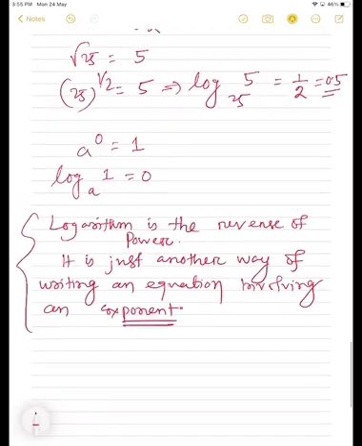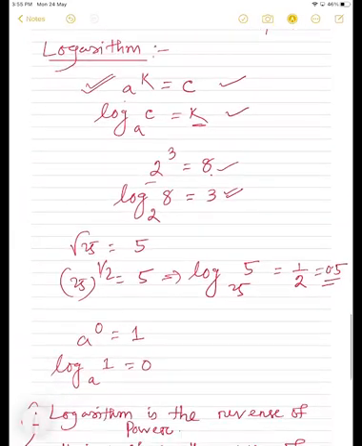Correct. This is what is meant by logarithm. So with the theory and with the illustration, just write.